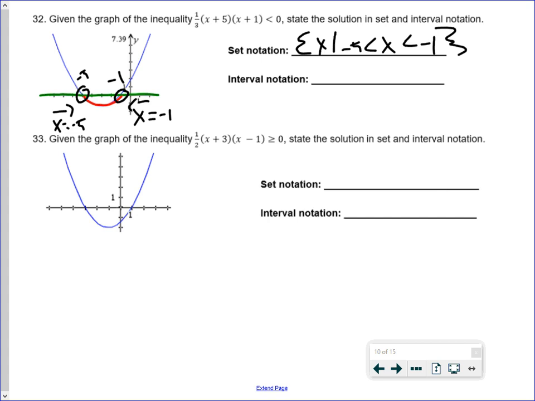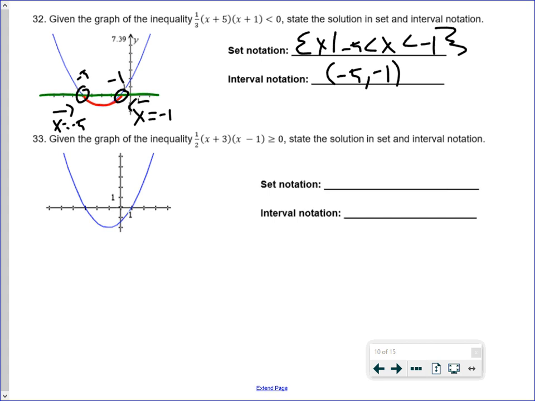And for interval notation, that's going to be a soft parenthesis from -5 up to -1. We're using parentheses, or soft brackets, whatever you want to call them, because we're not including the green line. We just want strictly what's below it, below the green line. So from -5 to -1.